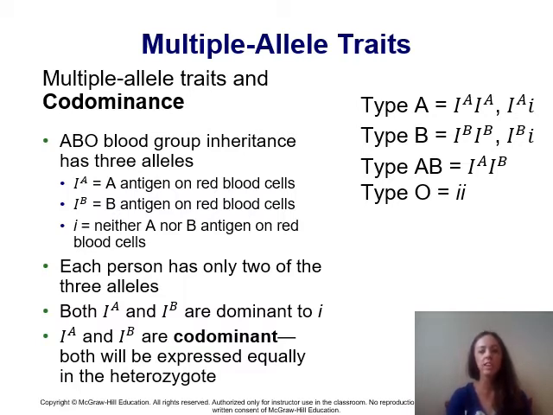If a person inherits only the A or B allele, then they will have type A or B blood, respectively. If they inherit both the A and B allele, then they will have type AB blood. If, though, they inherit both recessive alleles, then they will have type O blood. Type AB blood is also an example of codominance, which is when both dominant alleles are equally expressed in the phenotype.